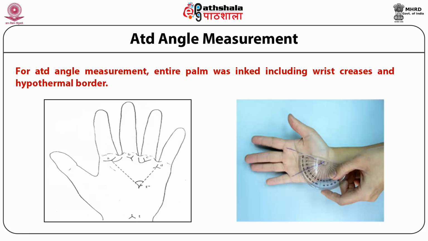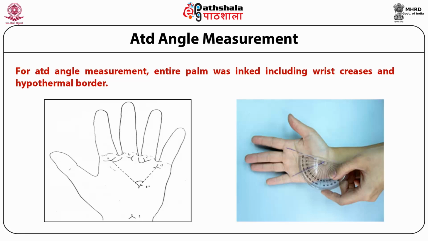These palm prints were carefully observed for the atd angle. The atd angle found between the lines drawn from the triradius at the base of the index and little finger to the axial triradius was measured. Axial triradii were designated as small t, t single dash or t double dash.